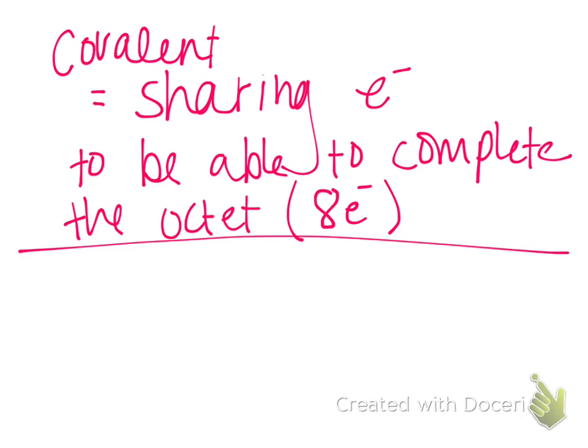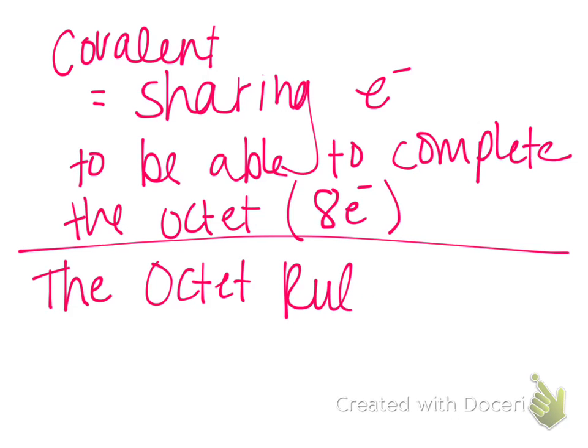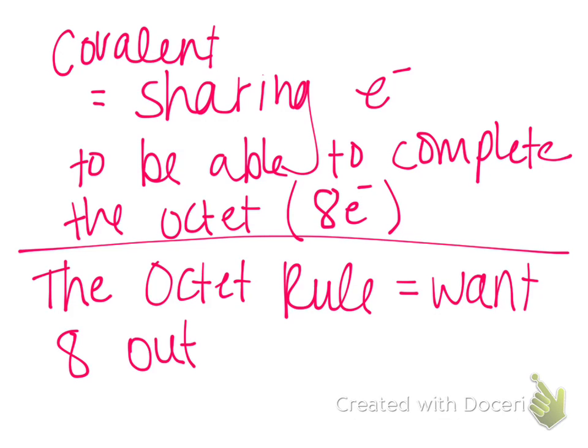Before we get into the octet rule, I want to talk about a few exceptions. The octet rule just means that we want 8 valence electrons. That's the octet rule. Every element wants to complete the octet.